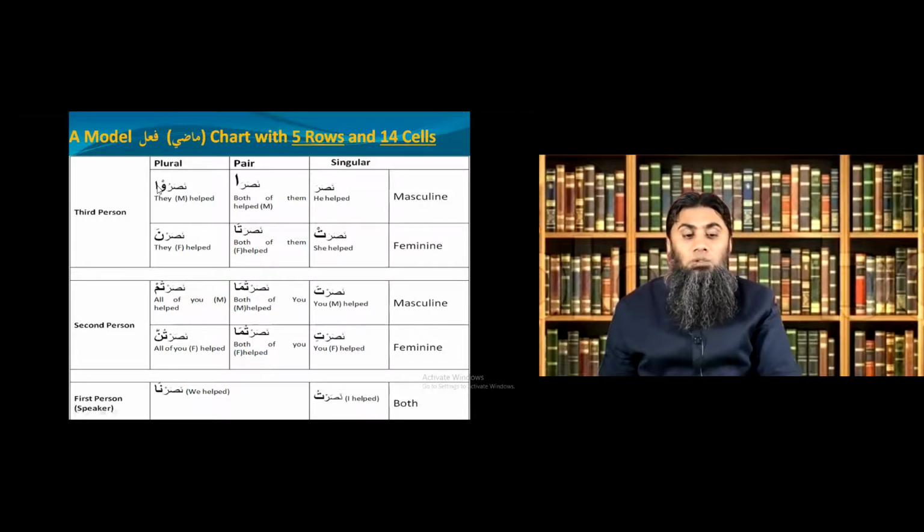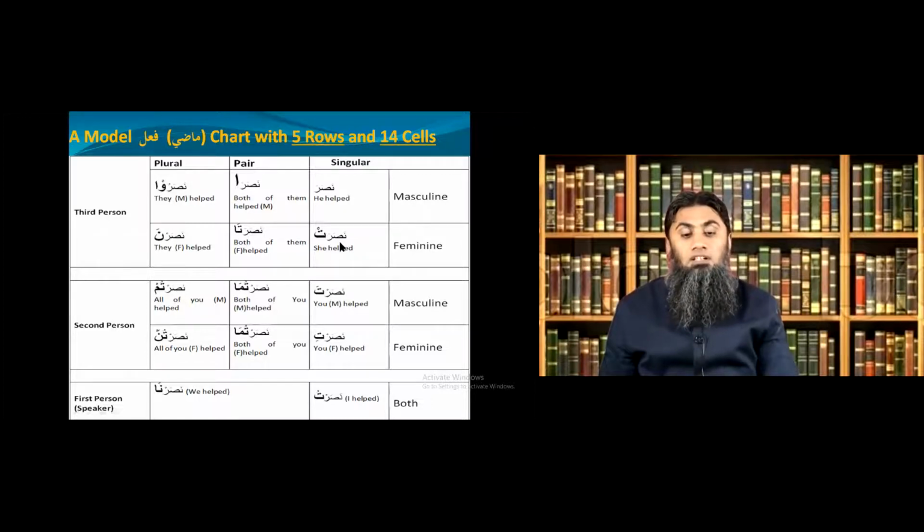And this change is telling you that now the doer is they, male. And it is plural. Plural means more than two. In English translation, either it's pair or plural, you say they. But Arabic is very specific. If there are two people, it will be a bit long at the end. If it is they, male, it will be u.